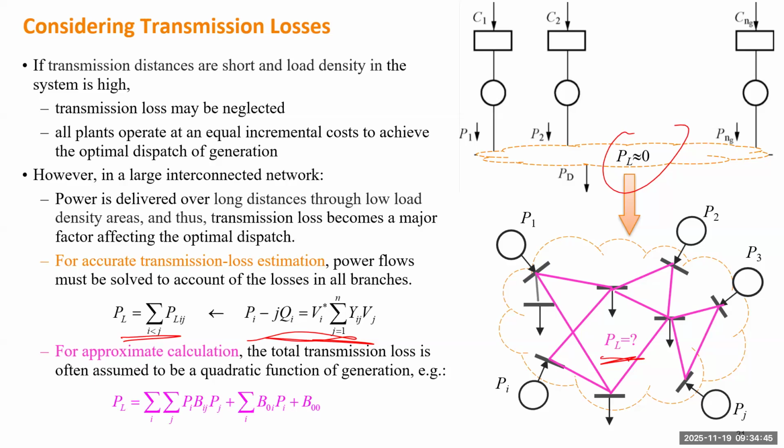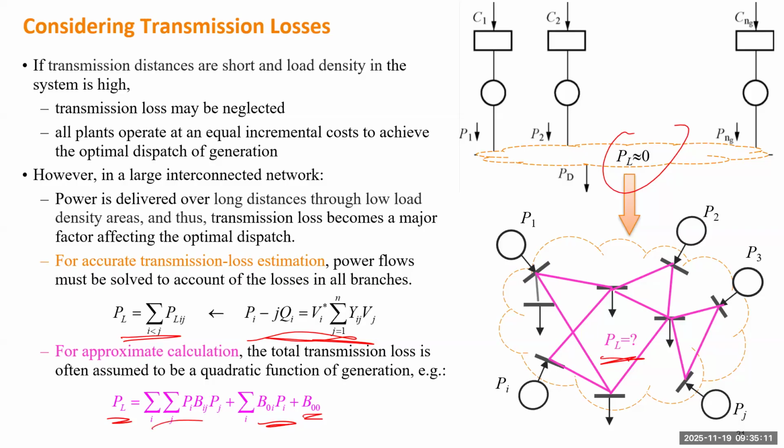For instance, we can assume the transmission loss to be a function of the summation of many items. So B0 just models some constant transmission loss. As long as your system is operating, there is always this loss, which means the loss is always higher than this value. There could be a part of the loss which depends linearly on the generators.